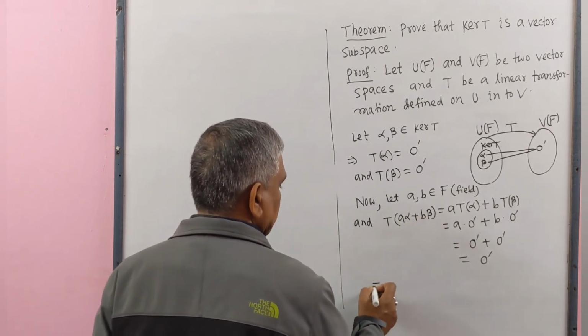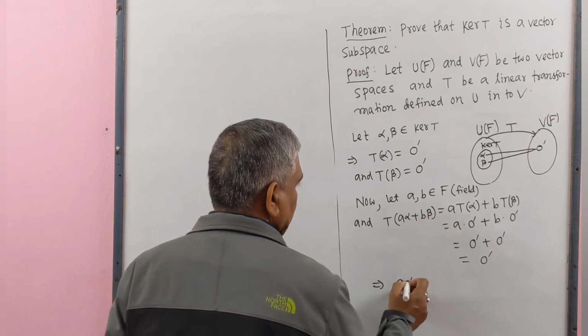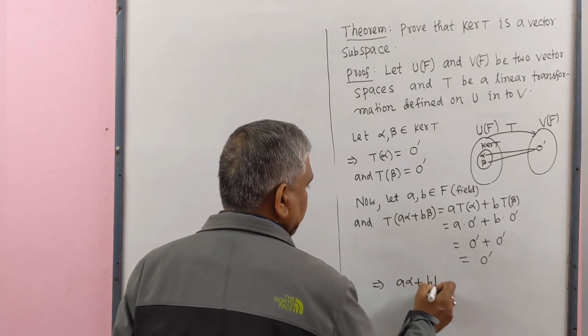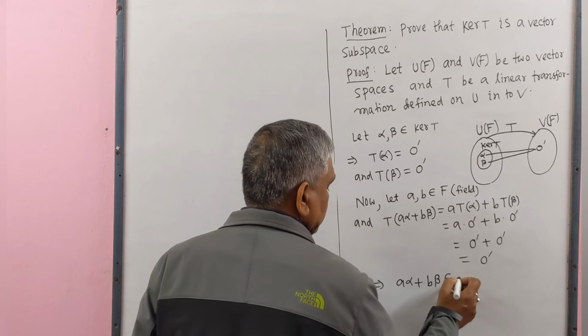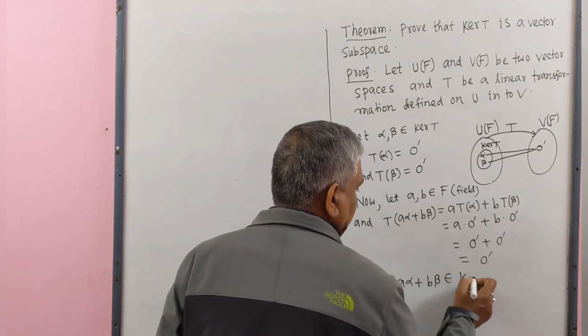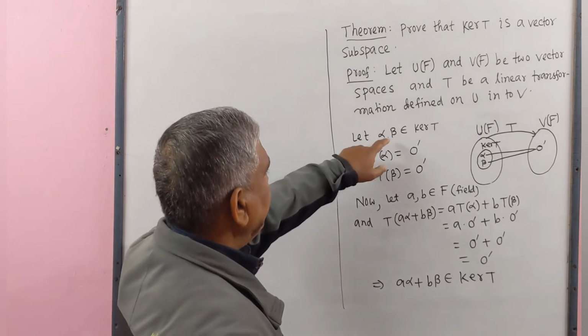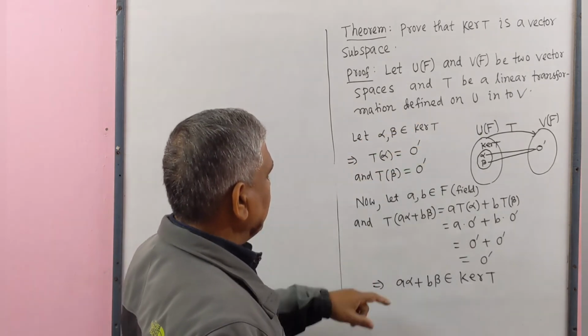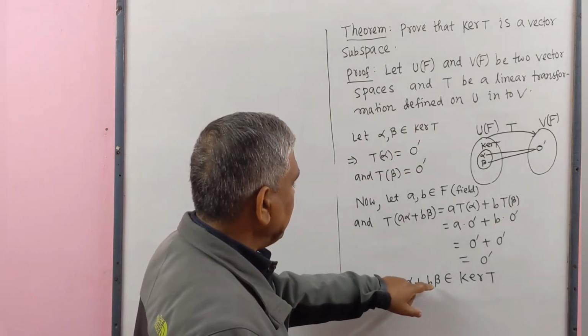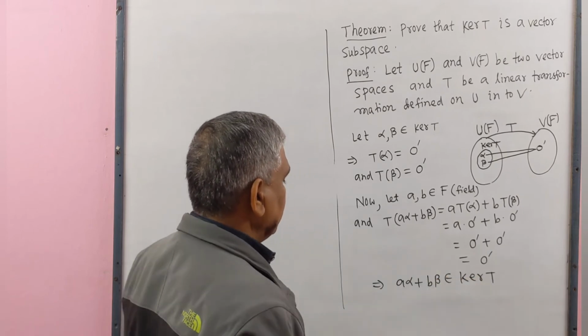That means a alpha plus b beta belongs to ker T. Here alpha, beta belong to ker T implies that a alpha plus b beta belong to ker T.